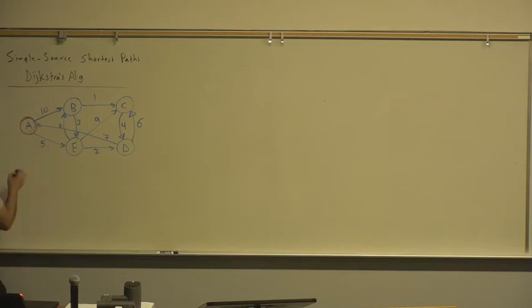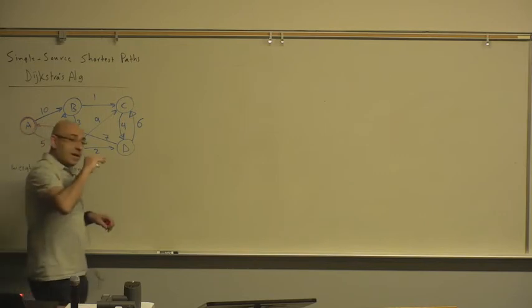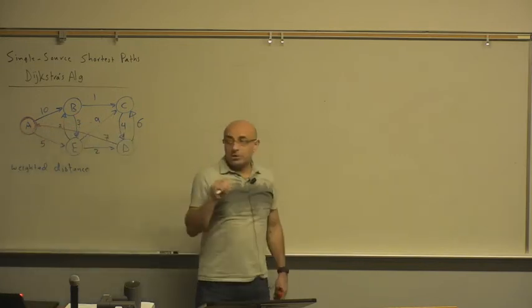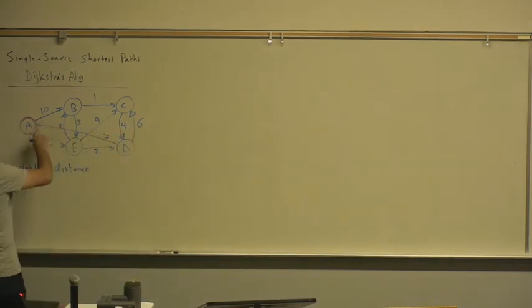So we are interested here in the weighted distance. And the weighted distance is just the sum of edge labels along a path. So for example, the weighted distance for the path A, B, C is 11. You sum the weights of the edges along that path.